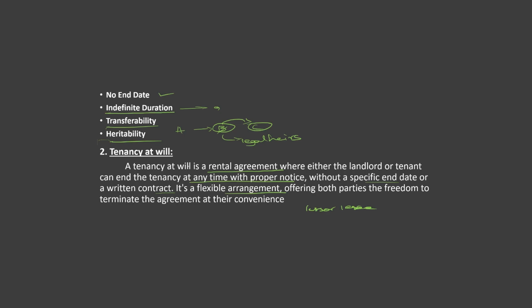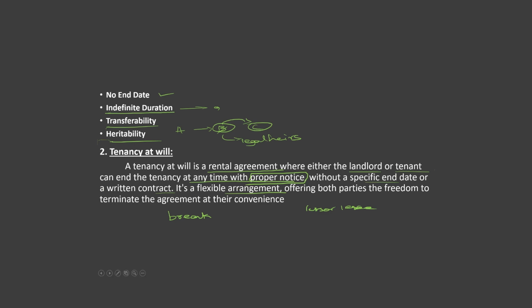So, in this type, either the lessor or the lessee can break the rental agreement at any point of time with a proper notice. A proper notice should be given by either the landlord or tenant, and then they can terminate the lease agreement.